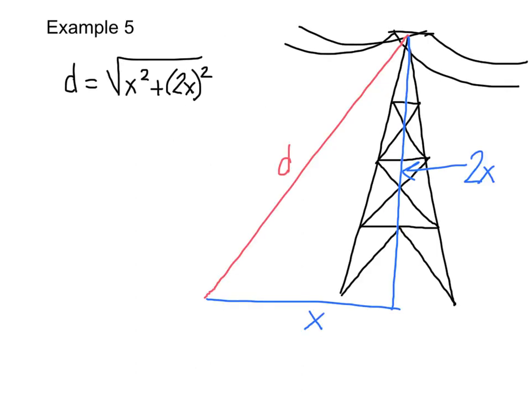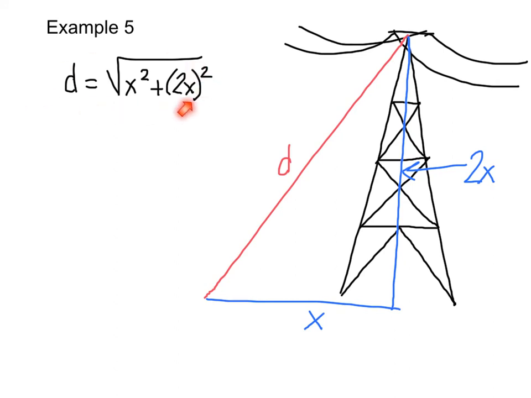So in example 5, we're going to use a real-world formula that people in construction actually use. This tower is like a big power pole that you see out in the middle of a field that has electric lines hanging from it. On this problem, I've already labeled all parts of this diagram. This red line is actually the wire. So let me read this to you.